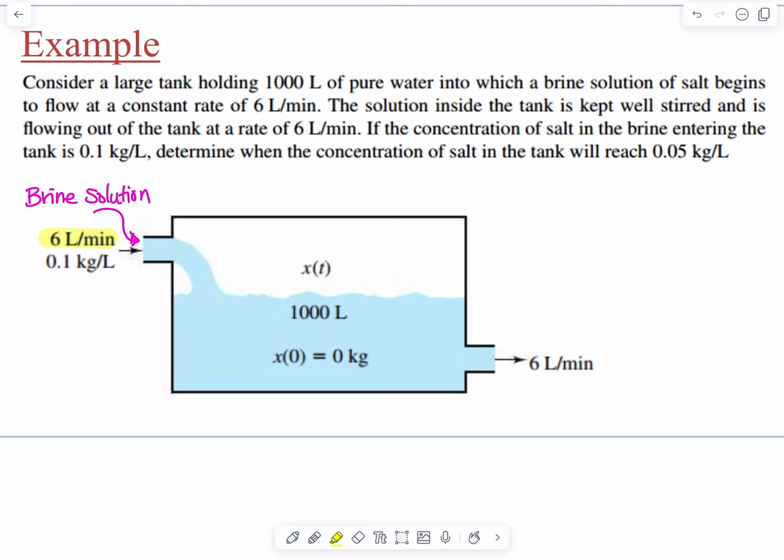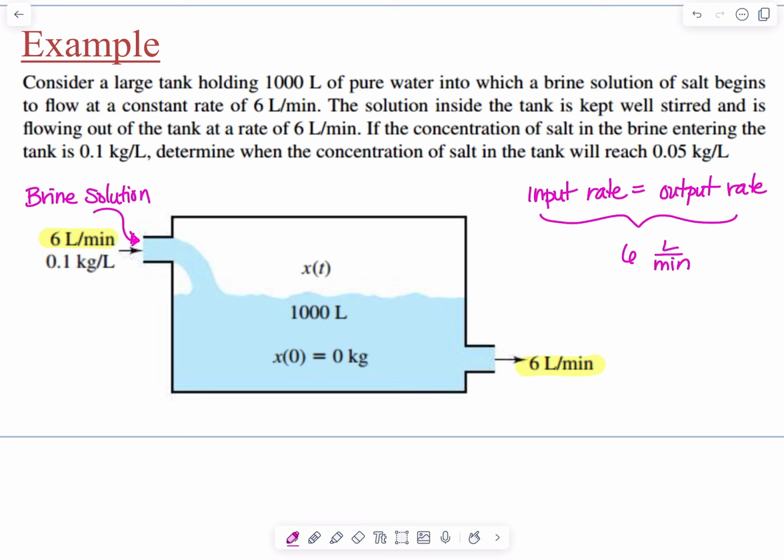The solution inside the tank is kept well stirred and is flowing out of the tank at a rate of 6 liters per minute. So the input rate and the output rate are the same. They are both 6 liters per minute.